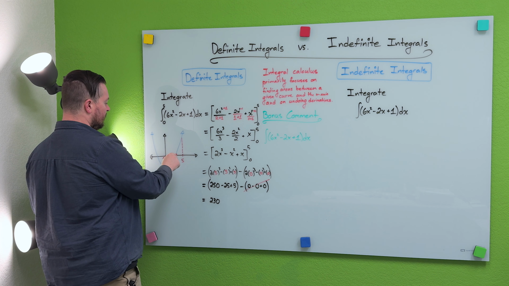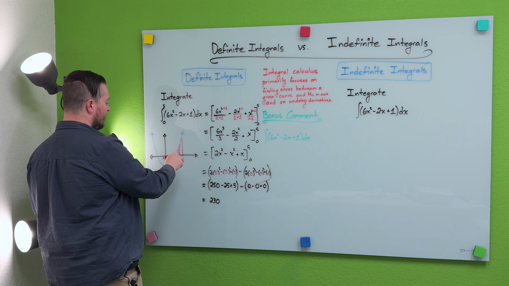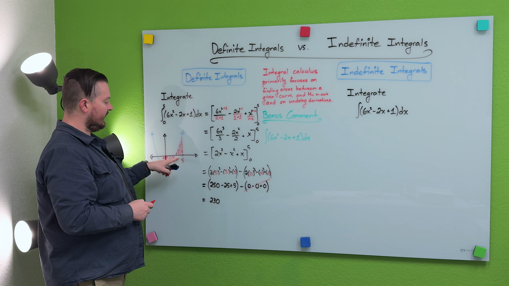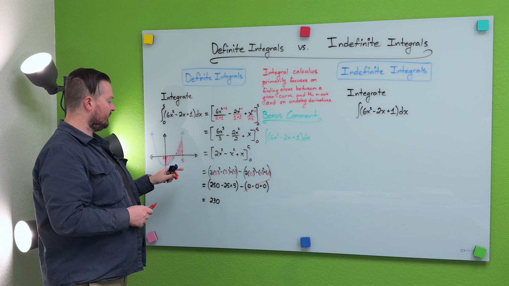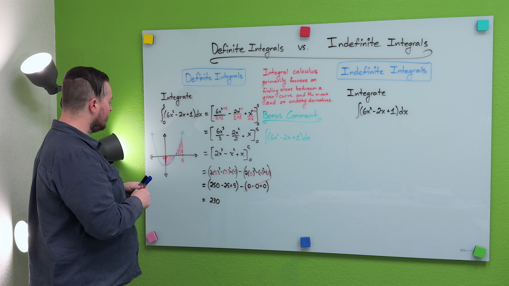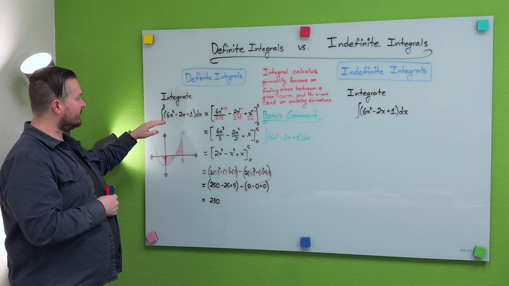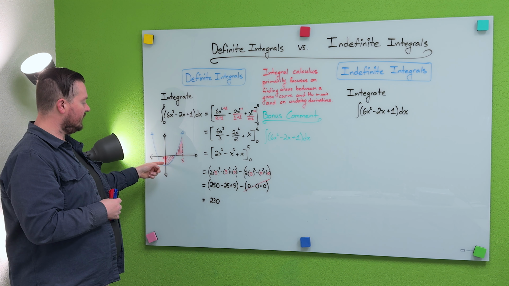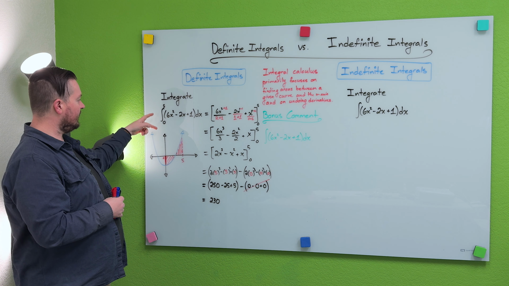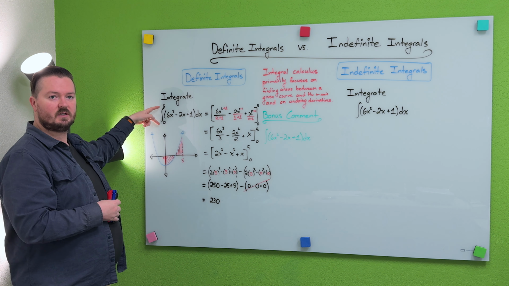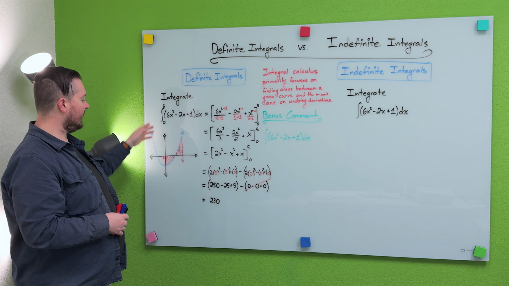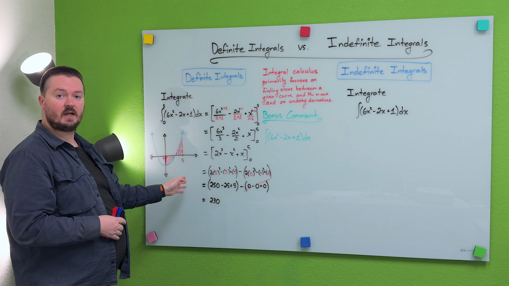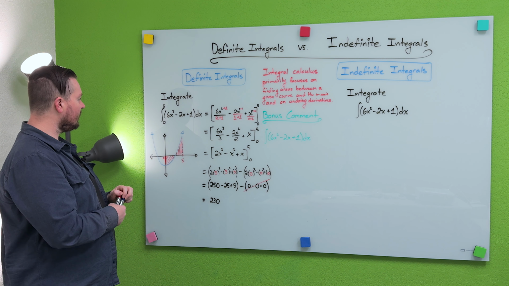Then we transition to where we're above the x-axis, and this is the area between the curve and the x-axis on the right side of this x-intercept. So definite integrals give you the area between the curve and the x-axis. These two numbers are typically x values that tell you where to start looking for the area and where to stop looking for the area.